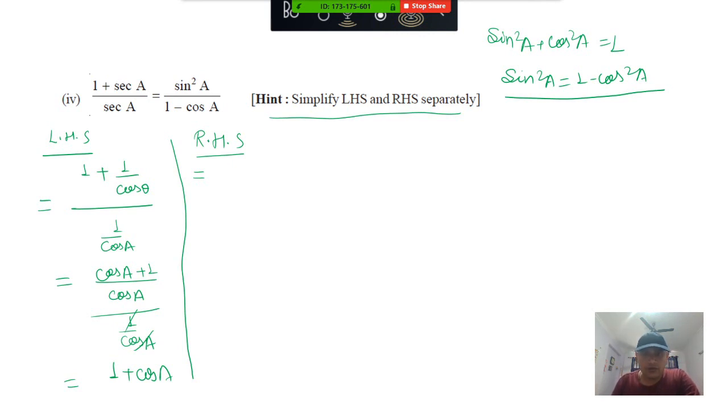So now this becomes 1 minus cos square a upon 1 minus cos a. Here I am using the formula for a square minus b square, that is a plus b, a minus b.